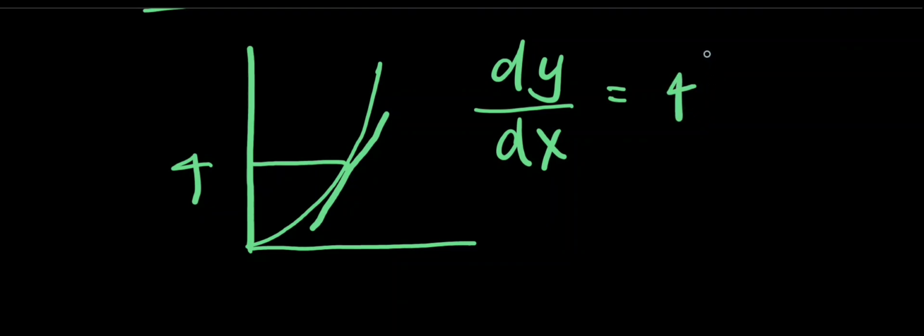We have 4, or let's define this as 4x raised to 0. Using the power rule, we get 0 here. I'll make it simpler for you guys. The derivative of any constant is 0.